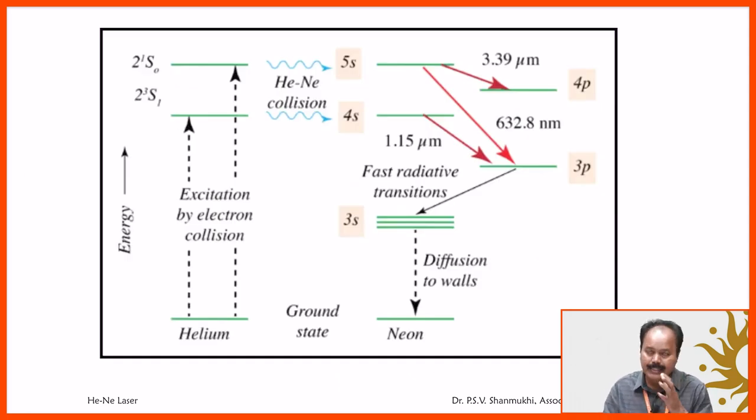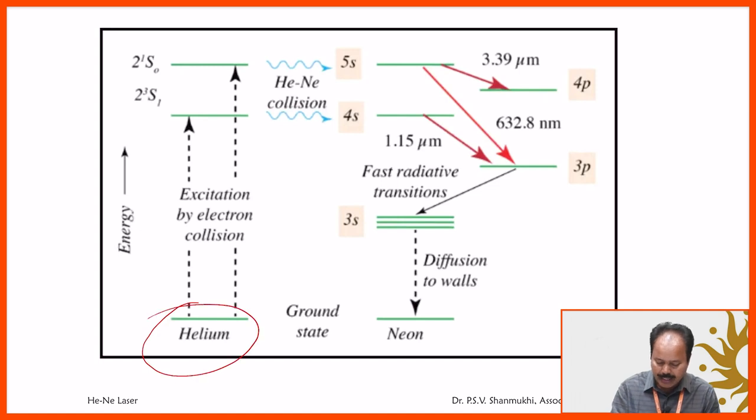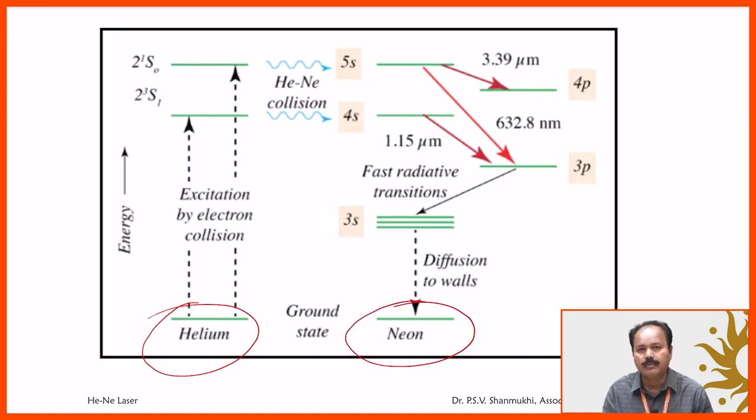Basically, helium ions and neon ions are at the ground state. Due to collisions with electrons, helium ions will go to the higher energy states. Neon ions are massive and also less in number, so they cannot be promoted easily to the excited state. We are utilizing helium as a promoter here.